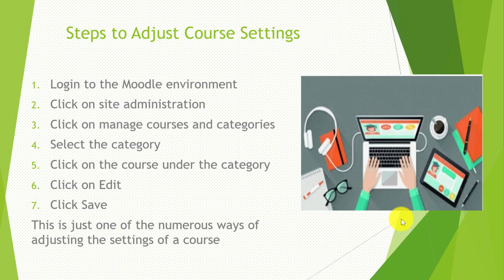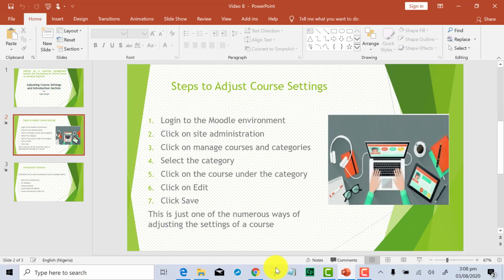Or you go through the site administration for courses, you go through the categories, or you just scroll down on the course page and type in the course code and search for that particular course. It comes up and you click, you access it, you are inside the course. It is when you are inside the course you can actually make a lot of changes or do this adjustment. So let's go to the other side to do the practical aspect of it.